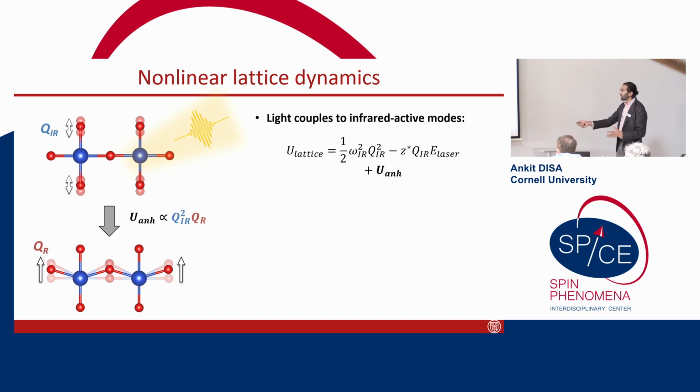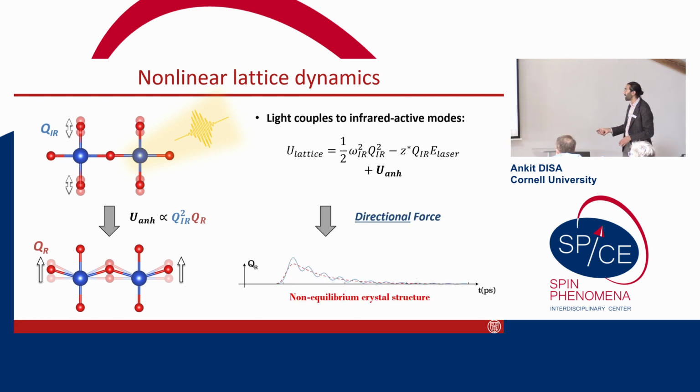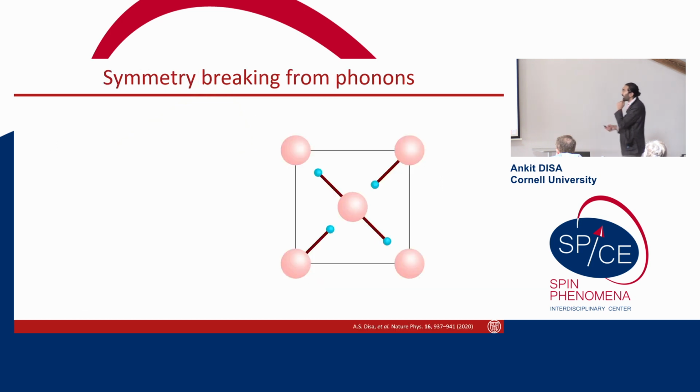Essentially, what that gives you is something like this, where whenever you vibrate this mode strongly, the crystal will distort. And it will distort in one direction, such that you end up transiently, while the phonon is being driven, with a new crystal structure, which might look something like this. Okay, and this is what we take advantage of. Without going into the details of exactly which phonons we use in cobalt fluoride, I'll just show you what happens.